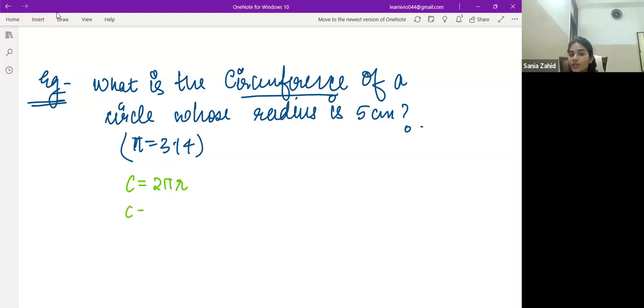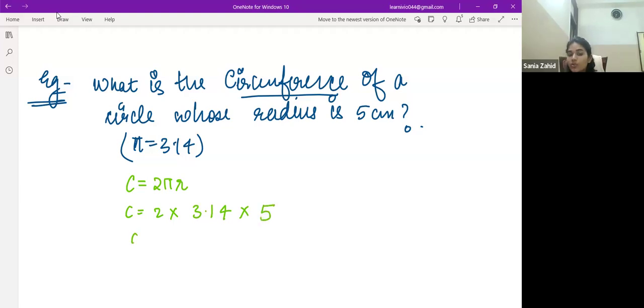So circumference is equal to 2 into, what is the value of pi here? 3.14. What is the value of r? 5 centimeter.